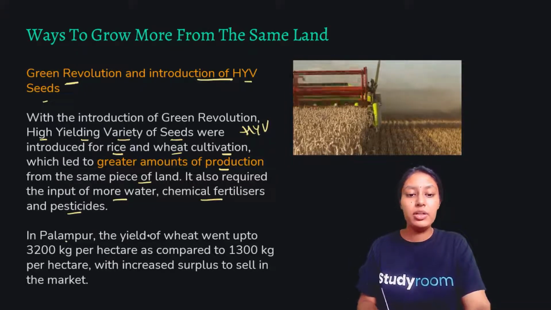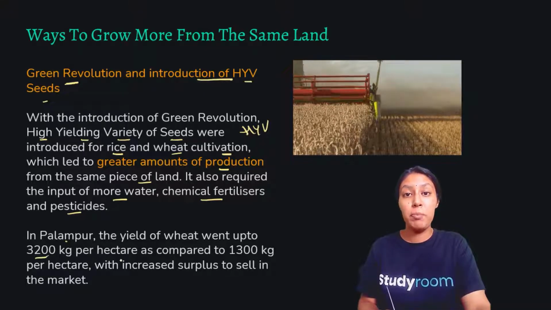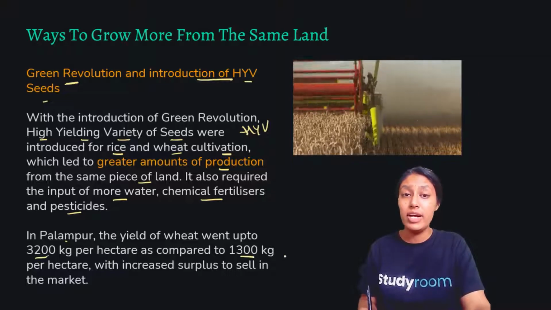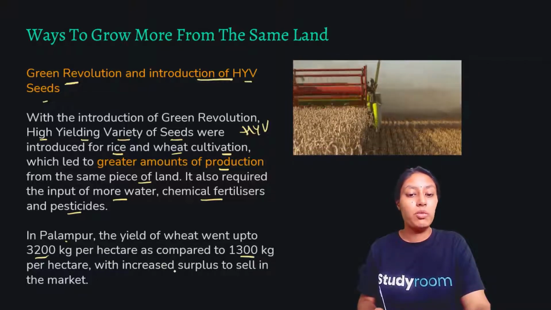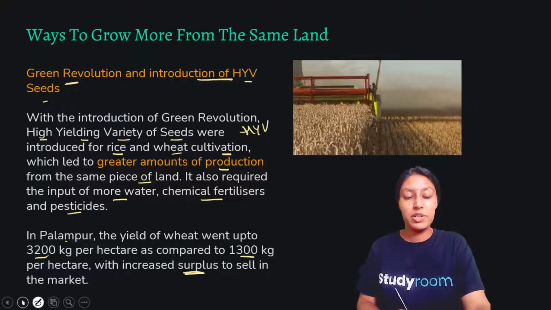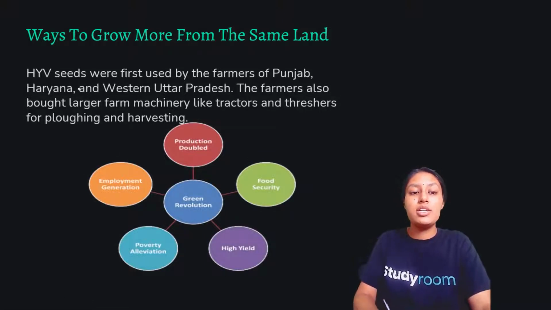In Palampur, the yield of wheat went to 3,200 kg per hectare, which used to be just 1,300 kg. So there was now an abundance of surplus wheat to sell in the market because the production had increased. Let's understand more detail about HYV seeds and their history.